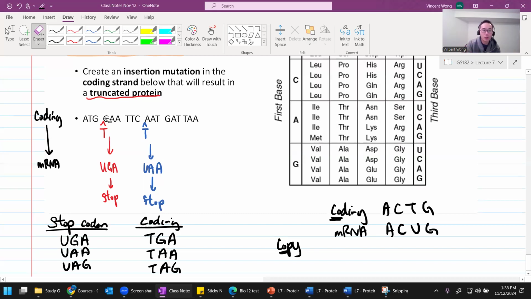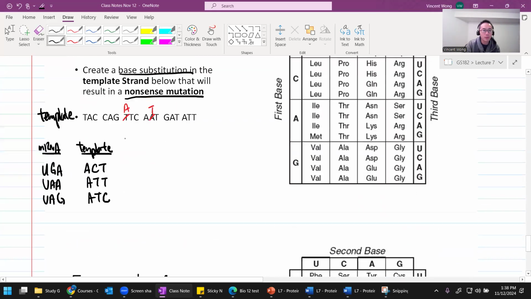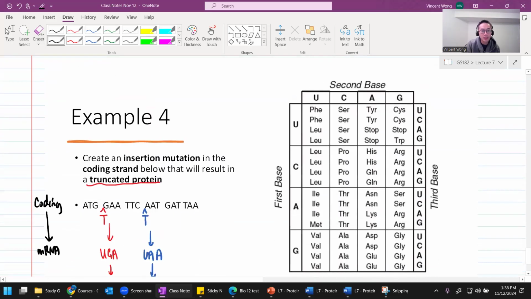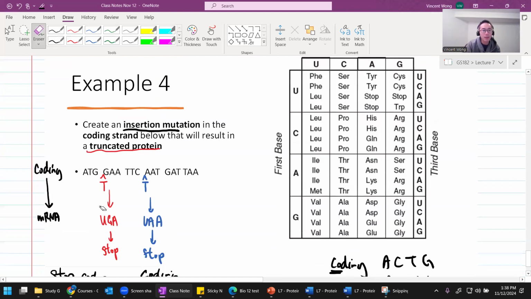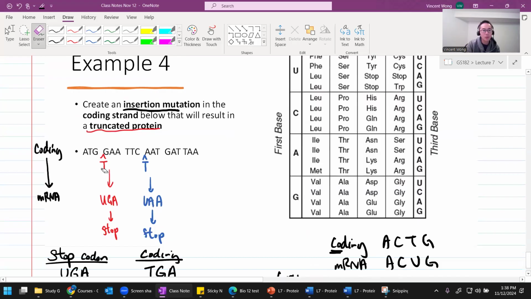Over here, we are not changing the G to T. Changing it would be like crossing it out and then replacing it. Over here, we are doing an insertion mutation. So I'm adding an extra T here, right? So when you add the extra T, when we do the transcription, it will be AUG for the first one.